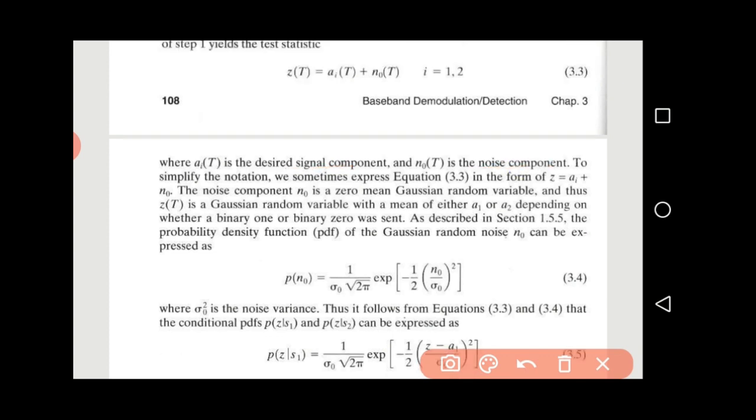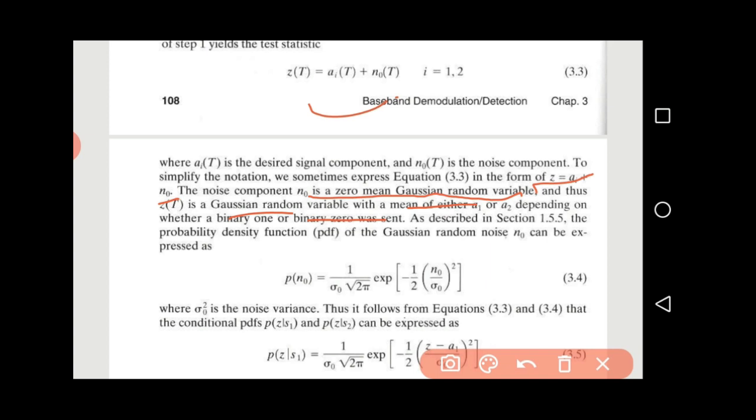To simplify the notation, sometimes this equation is written in the form z = a_i + n_0. The noise component n_0 is a zero mean Gaussian random variable, and hence z(T) is a Gaussian random variable with a mean of either a_1 or a_2, depending on whether a binary 1 or binary 0 was sent.